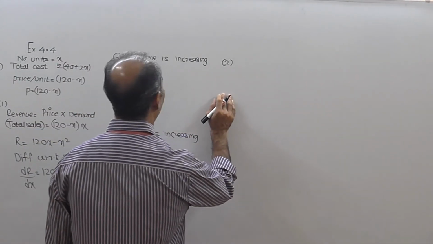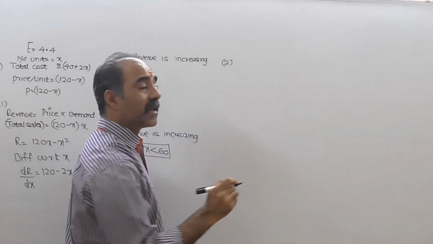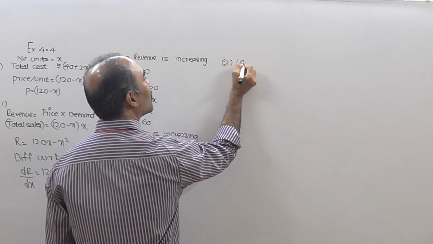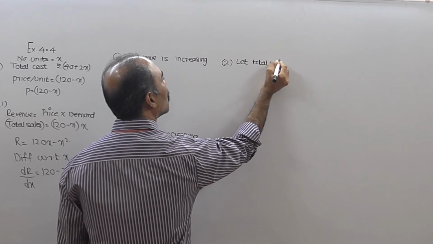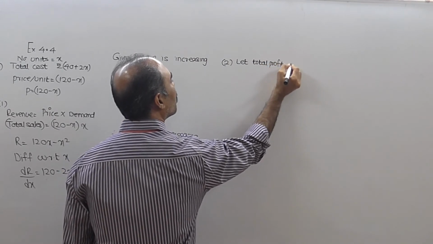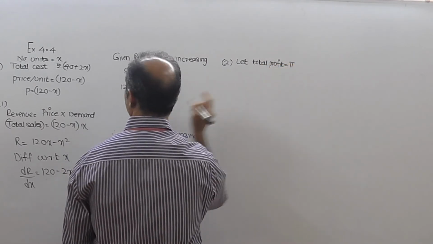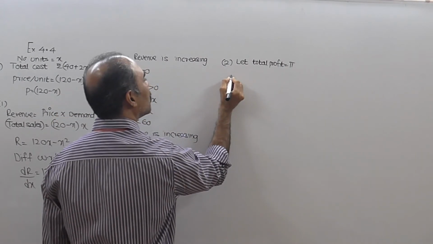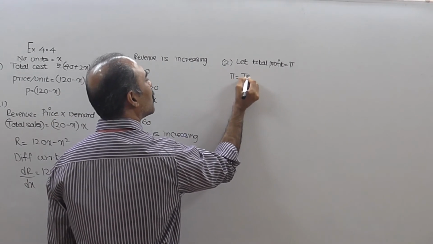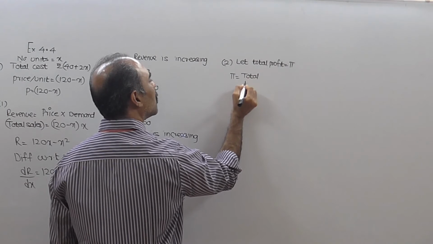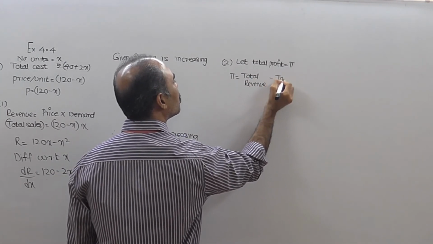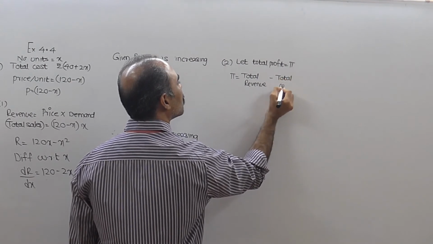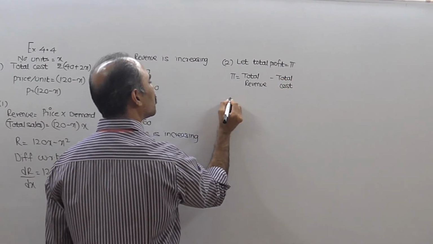Next is you have to find the value of X for which the profit is increasing. So we can make an assumption, let the total profit be pi. Don't take it as P because P is already defined as price. So profit is nothing but the total revenue minus the total cost.